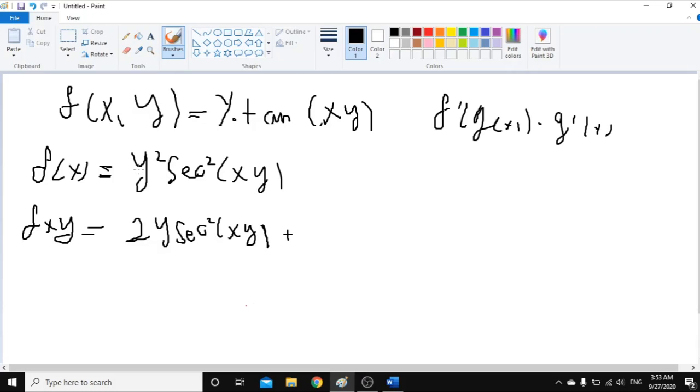Then I write y squared the same, and I take the derivative of the secant. So notice secant squared xy can be written like secant xy, all squared.